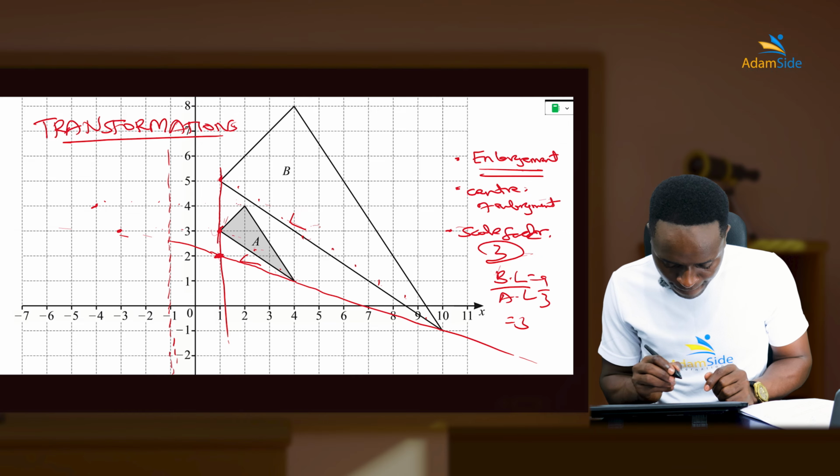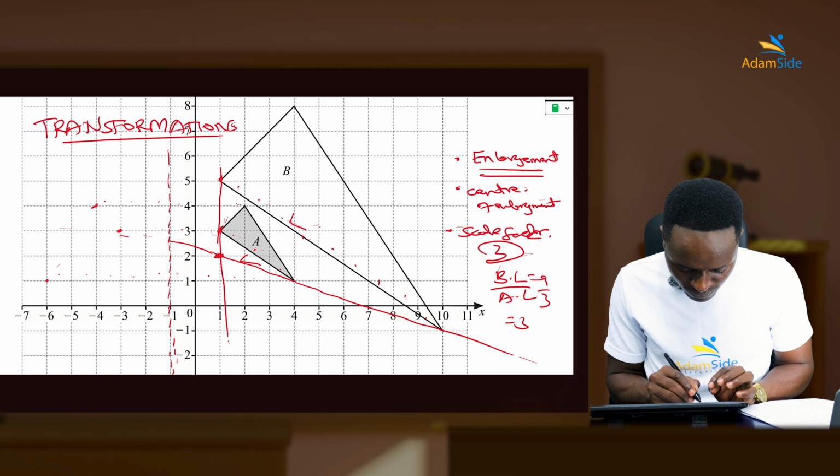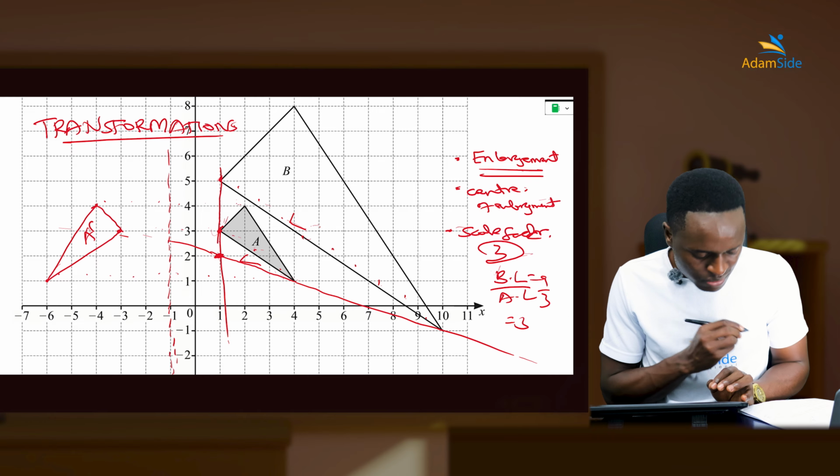And then we have this point. How many steps? 1, 2, 3, 4, 5. The same, 1, 2, 3, 4, 5. Correct. Then we draw our image like that.